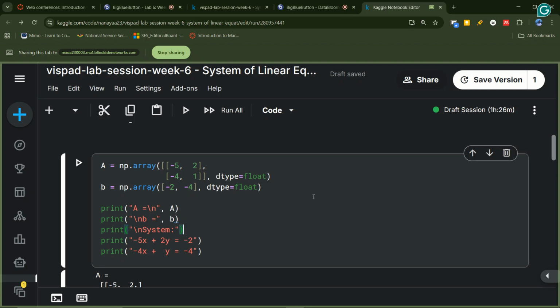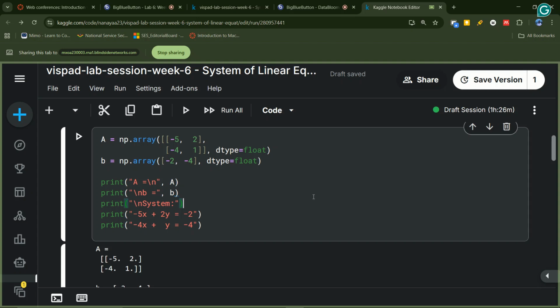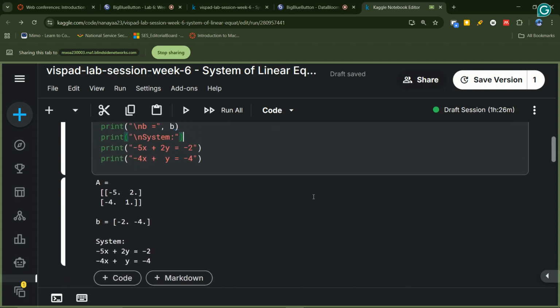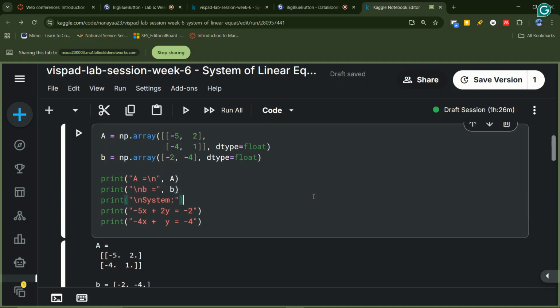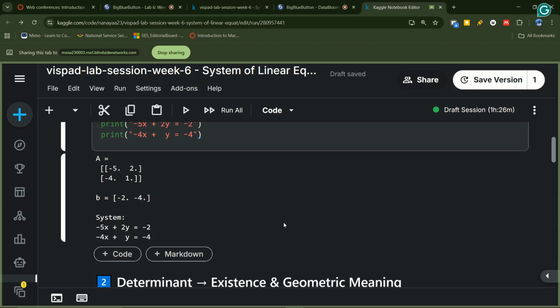And B is your vector, in this case just -2 and -4. So these are some print functions: print A, print B, print the word system, print -5x plus 2y equal to -2. That is just by the way. We've already defined A here, and we are just telling it to print it out.